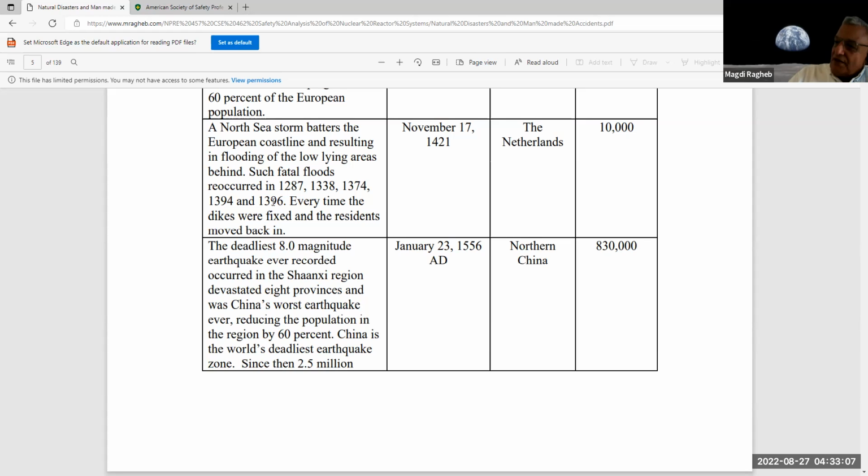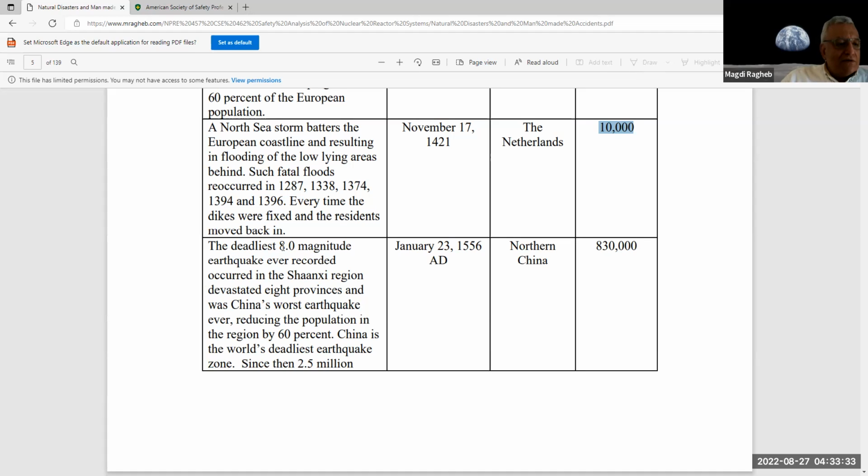And you know the story or the legend of the little boy who plugged a leak in one of those dikes to prevent the dike from collapsing and killing the population. That caused the death of 10,000 people in 1421. See, it's not BC anymore.